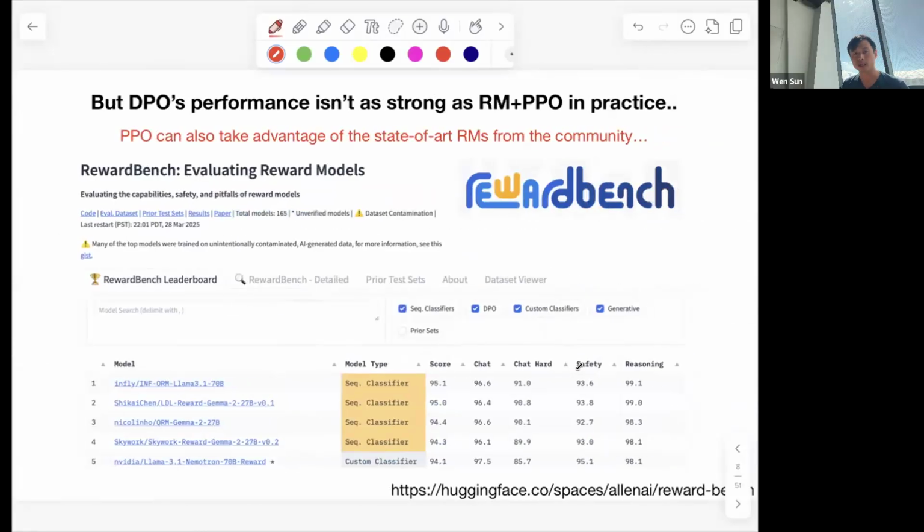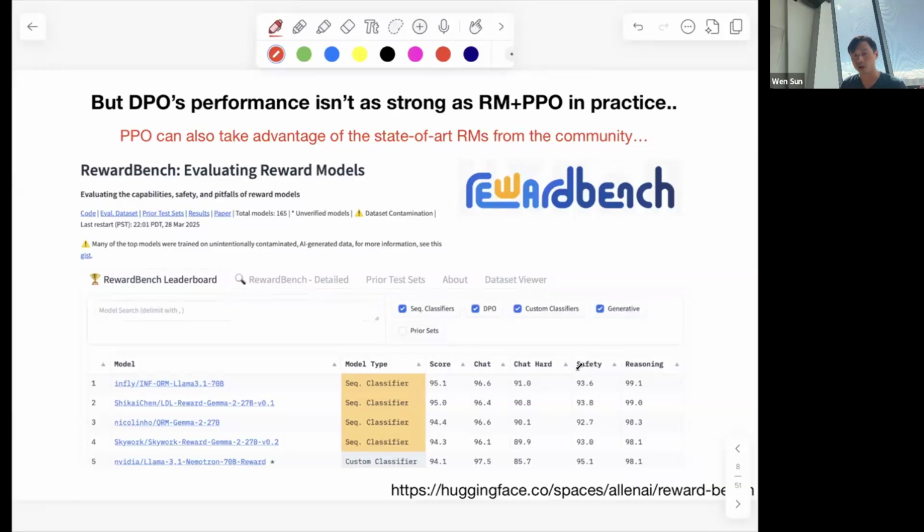Okay, another benefit, which I think is a real benefit, is that reward modeling is a very active research area, right? If you look online, Hugging Face has a reward benchmark, RewardBench. Every day, people try whatever new approach they come up with, train a reward model on their own data set, maybe, and post that reward model on this benchmark.